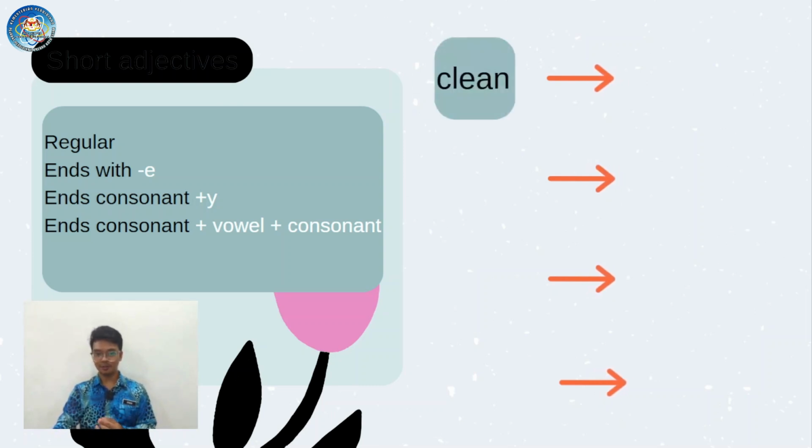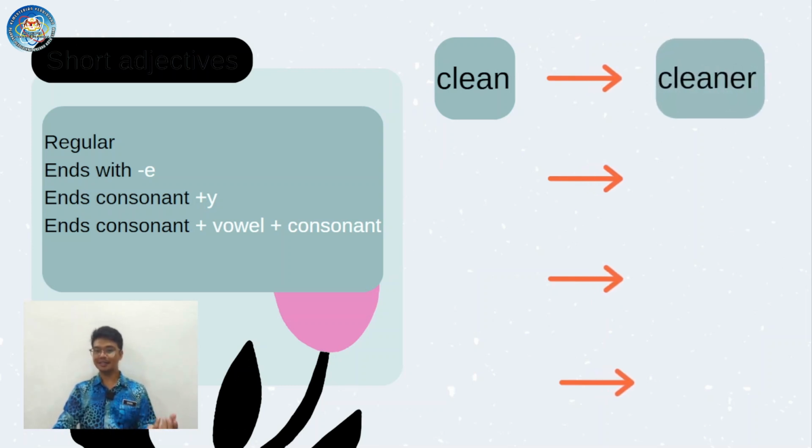For example, we have the adjective clean. When we change it to comparative adjective, it's going to be cleaner. So we just add er at the back of the word clean to make it comparative adjective. Next is nice.